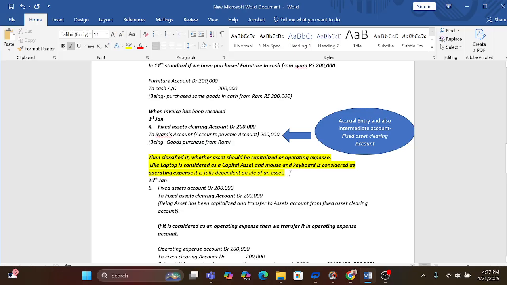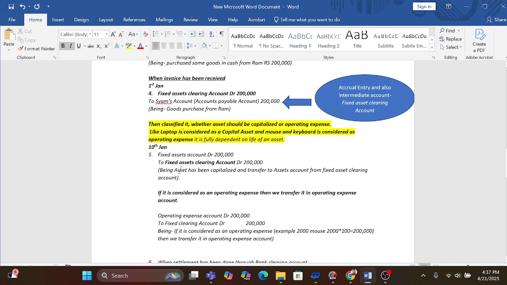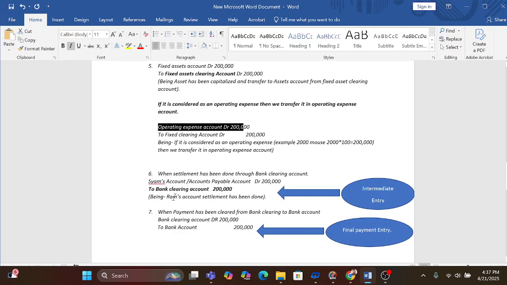If I have purchased a laptop and the life of the asset is more than 1 year, it will be treated as a fixed asset. Otherwise, if the life of the asset is less than or equal to 1 year, it will be considered an operating expense and transferred to the profit and loss account.